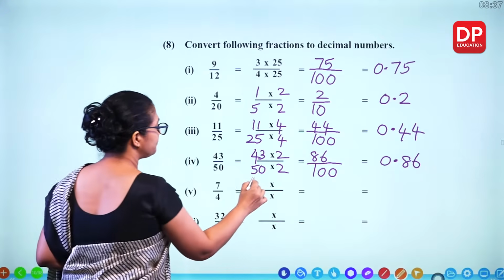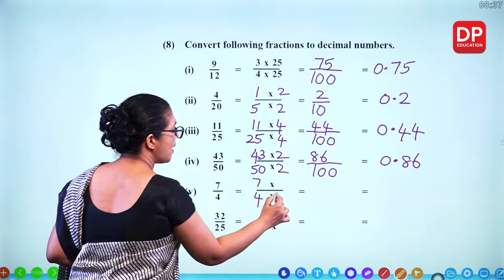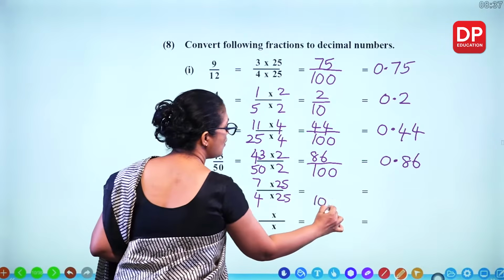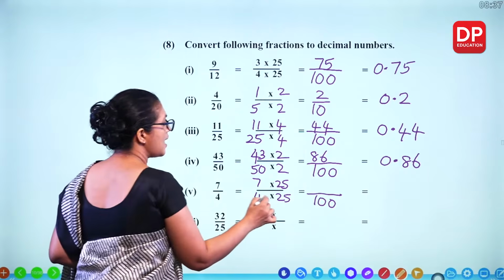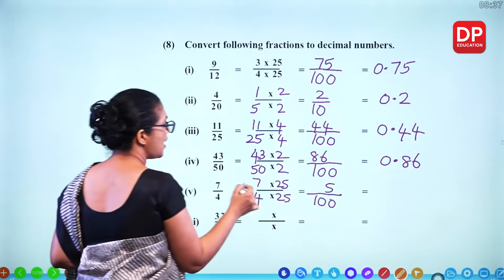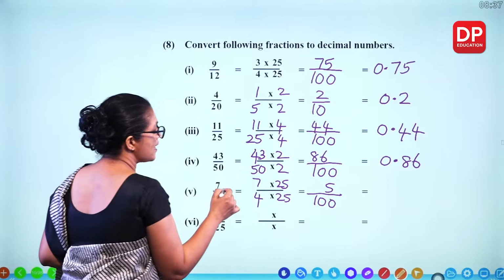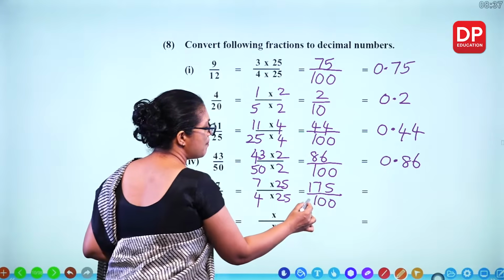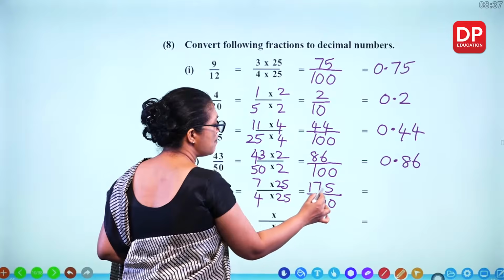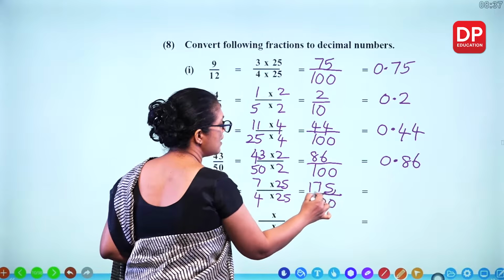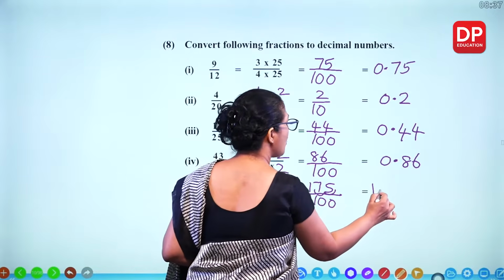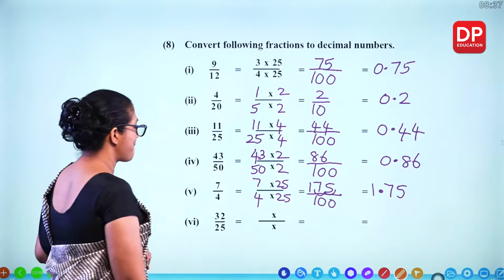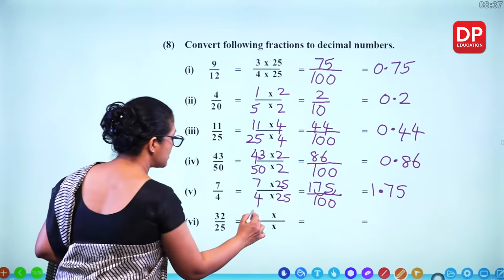7 over 4, multiply by 25, you get 100 in the denominator. 7 times 5, 35. 7 times 2, 14. Plus 3, 17. Now, divide by 100 means move the decimal point 2 places to the left. 1.75. 32 over 25.